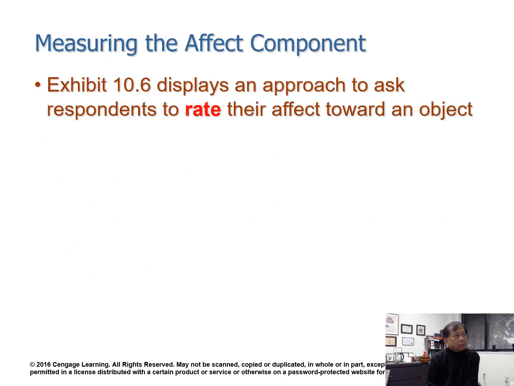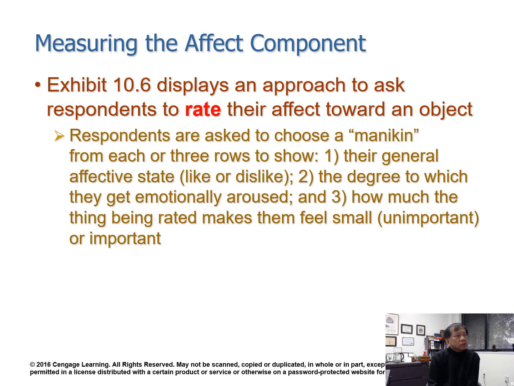Measuring the affect component. This one shows an approach where we ask the respondent to rate their affect toward an object. Respondents are asked to choose a mannequin from each of three rows to show their general affective state, like or dislike, the degree to which they get emotionally aroused, and how much the thing being rated makes them feel small or important, unimportant or important.